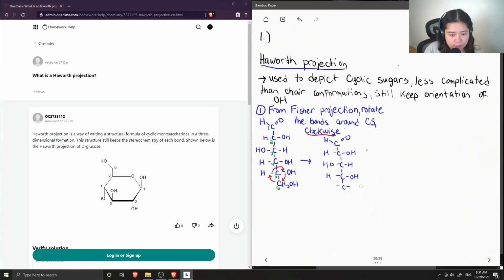So now this is carbon 5. So let me just rewrite the order. There's a hydrogen now on this right side. The OH is pointing down. And the last carbon alcohol group is just kind of on this side, like that.